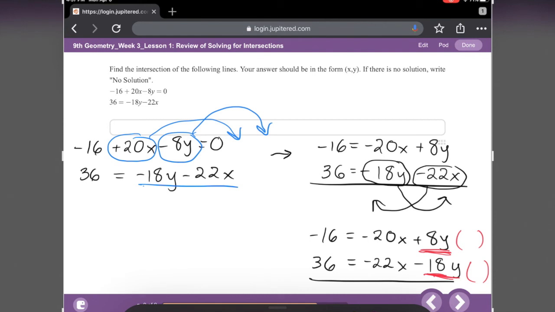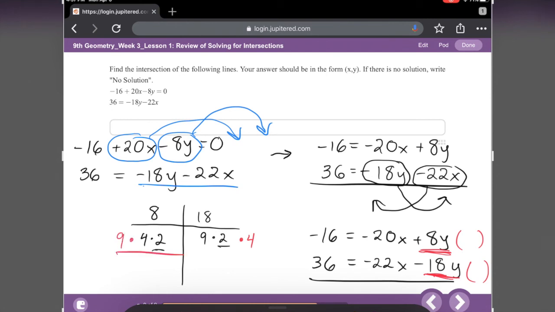So I'm going to compare, just off to the side here, the number 8 and the number 18. Okay, what is 8? It's 4 times 2. What is 18? It's 9 times 2. Okay, so, well, they have in common this 2, so that's a start. But I can make the numbers the same if I multiply, let's see, this one by 4, and if I multiply this one by 9.